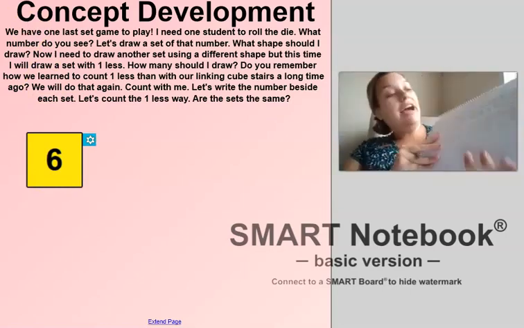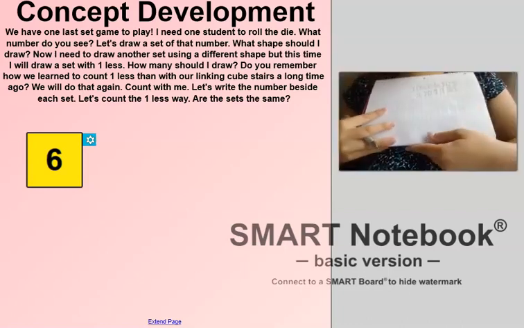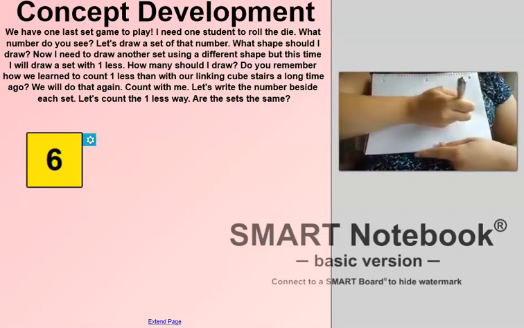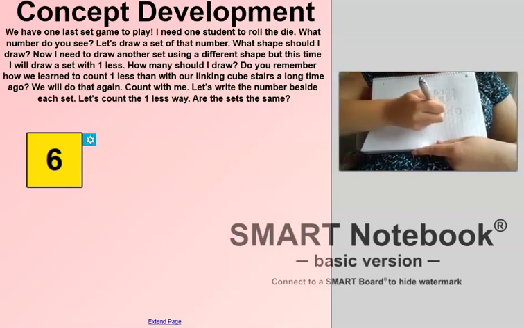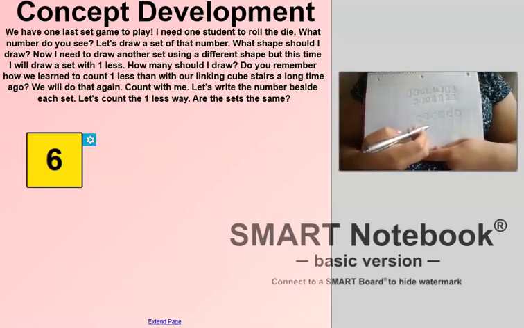Let's see what we got. I haven't drawn mine yet, so I need your help. So what was our original number? 6. So I'm going to draw 6 circles. 1, 2, 3, 4, 5, 6. Now I need one less.